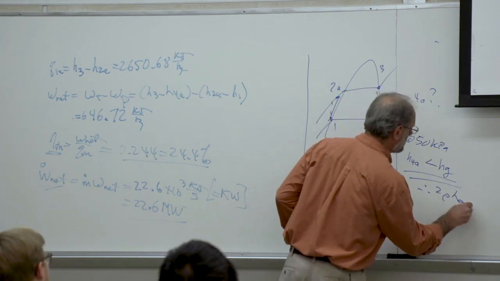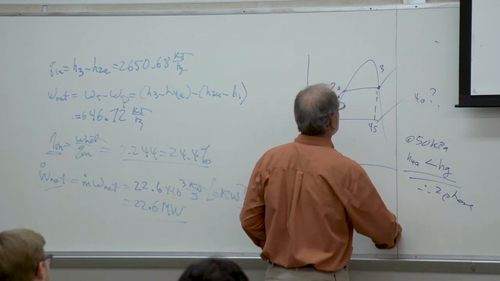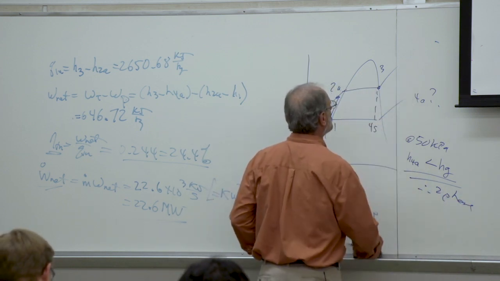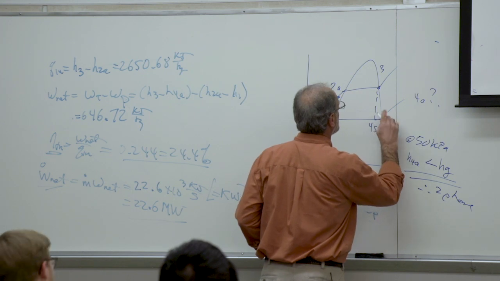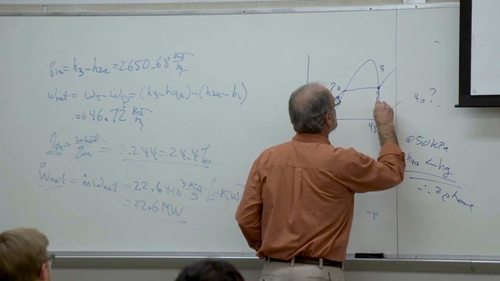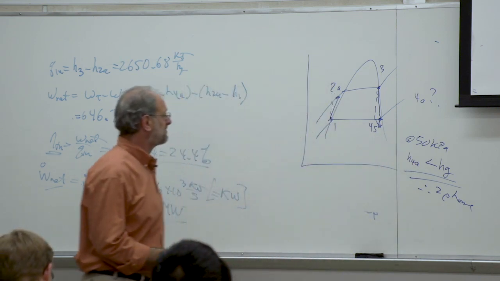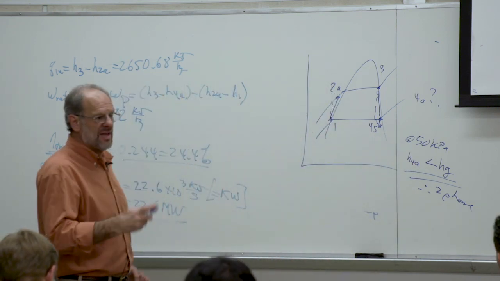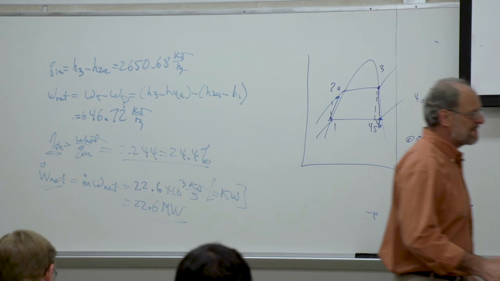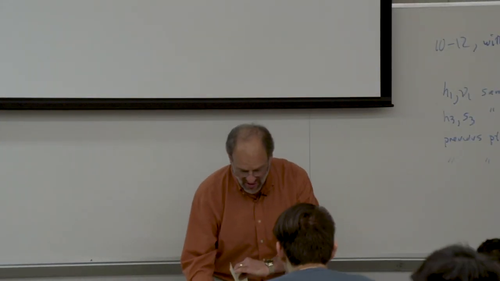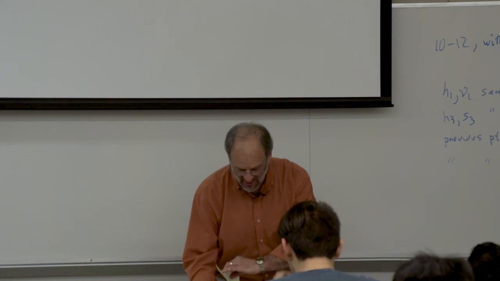So therefore, it's two-phase. So it turns out for this particular problem, 4A is going to be right around there. Again, that assumes that I looked up the numbers properly. I'm just doing this on the fly because I didn't actually see the results in here, so hopefully everything I've done is accurate.